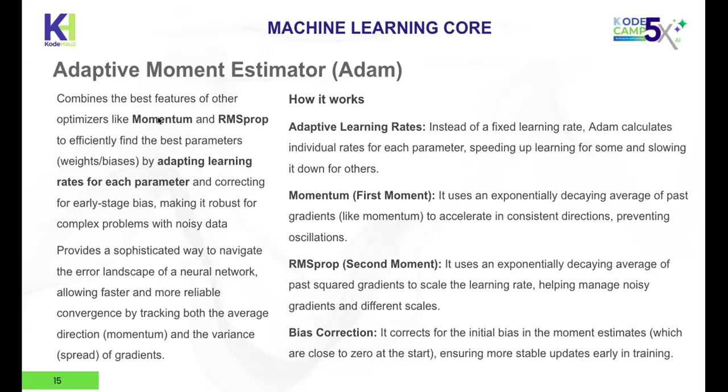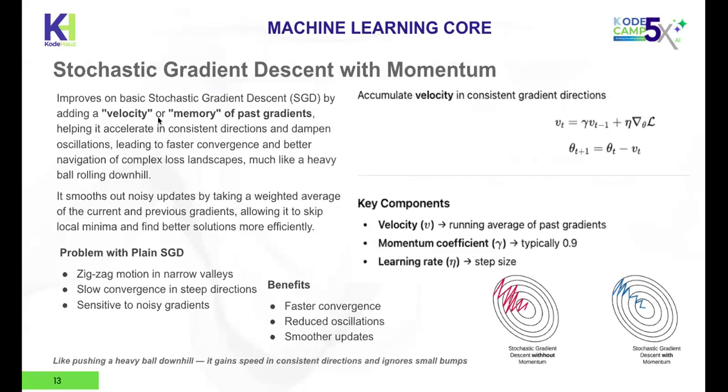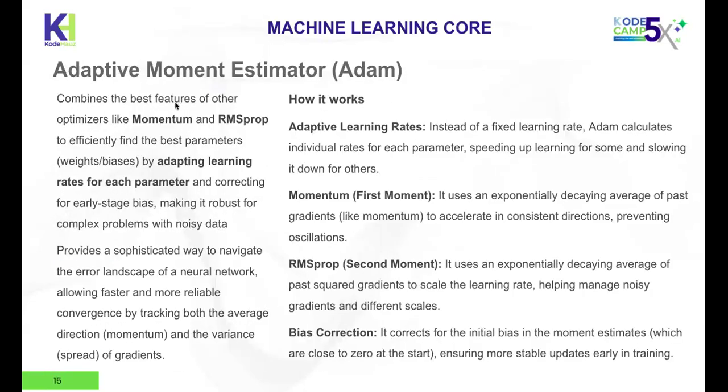Momentum in this case refers to stochastic gradient descent with momentum, right? And RMS prop, which we just looked at, to efficiently find the best parameters by adapting learning rates for each parameter. So you can see that adapting learning rates for each parameter comes from RMS prop, and then correcting for early stage bias, making it robust for complex problems with noisy data. Okay, so Adam provides a sophisticated way to navigate the error landscape of a neural network.